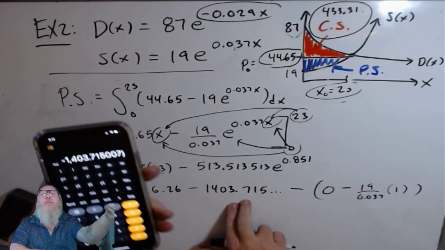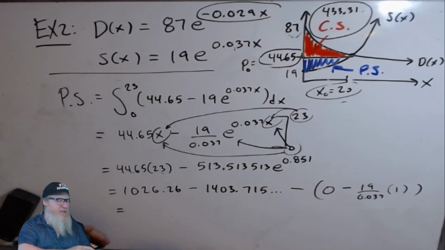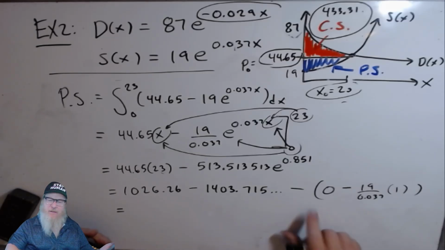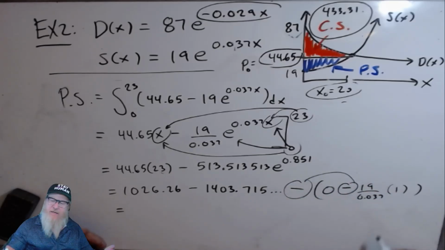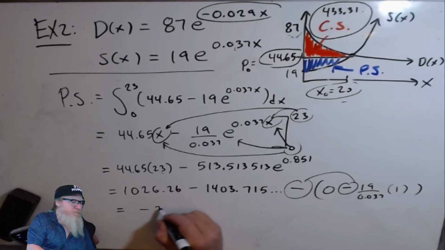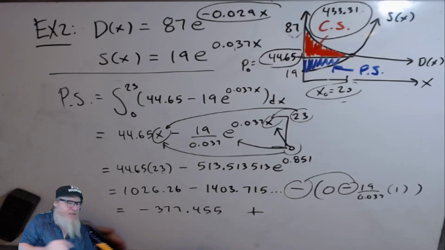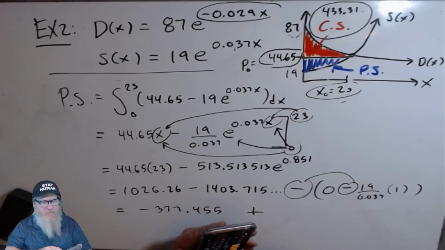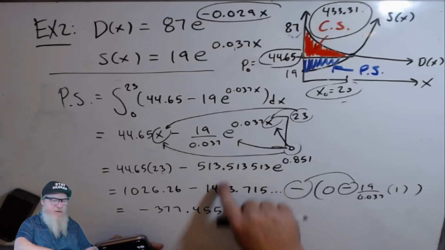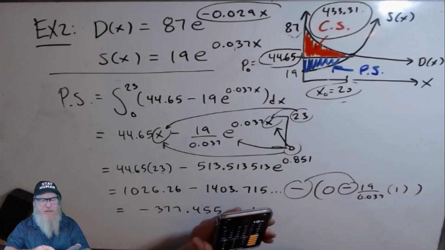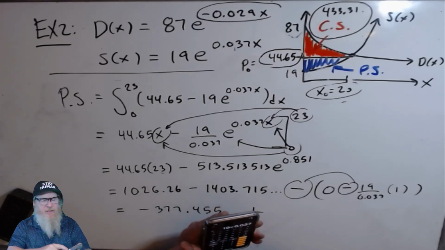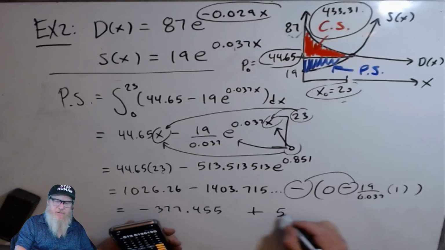I already have this on my screen, so I'm just going to keep it, and then I'm going to add 1,026 and 26 cents. And then this is going to be negative, negative. So that's going to be positive. Oh, it's the same number again. 19 divided by 0.037. So many coincidences here. So many patterns you'll notice.